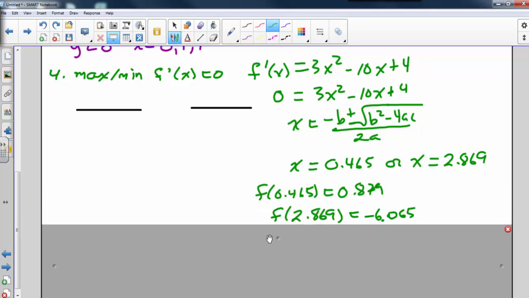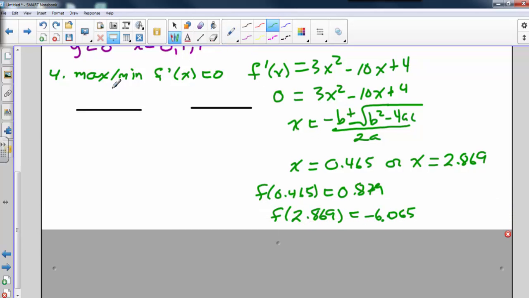In order to establish where those two numbers are on my graph, I'm going to need to know what the y values are. So back into the original equation, f of x, I plug in these two numbers and I find these two values.